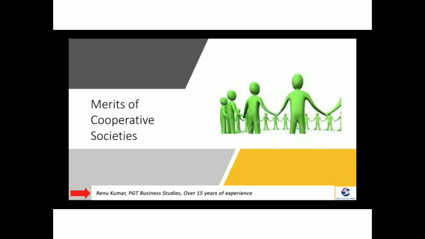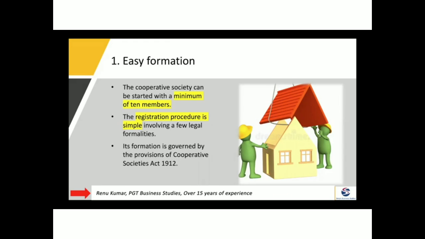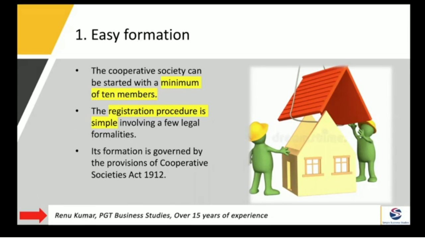Let's now study the merits of cooperative societies. The first merit is easy formation. We have seen this feature in other types of business enterprises also. In a sole proprietorship, formation is very simple. In a partnership business also, formation is very easy. That can be formed at any time because there is no legal formality to be performed.